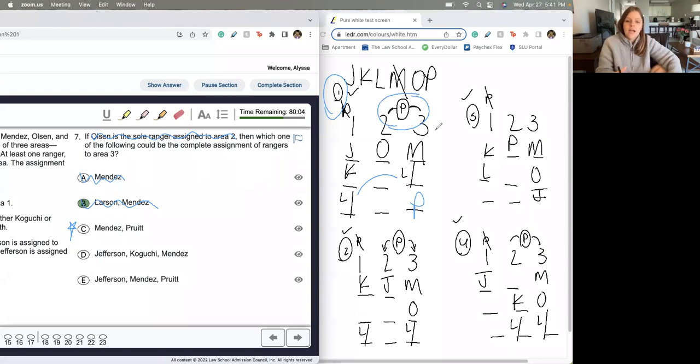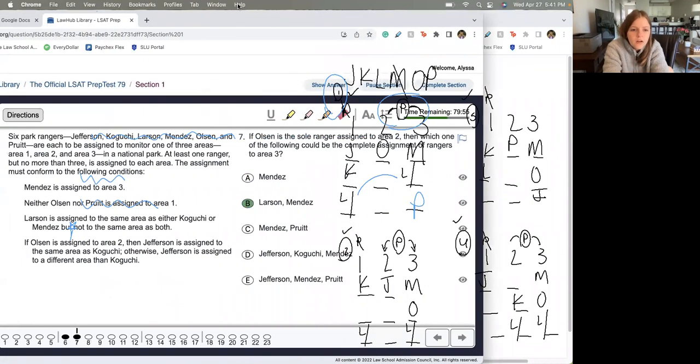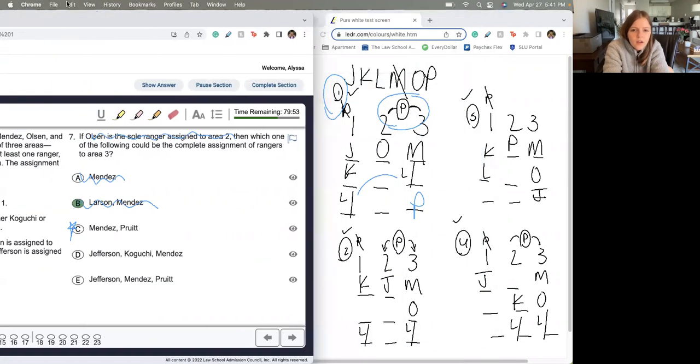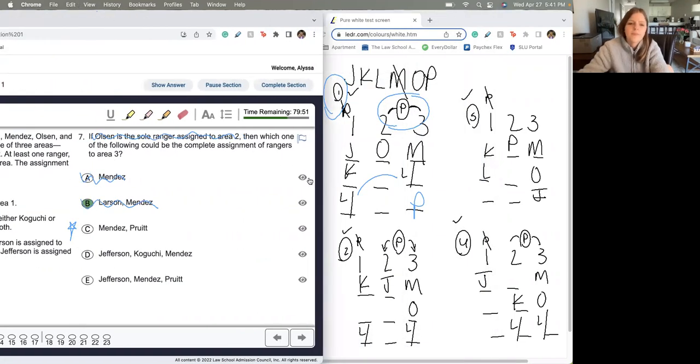The only thing that it can't go into is that second spot. So L cannot go into that second spot. It can only move between 1 and 3. So that's what the L slash signifies: I can have L in 1 or I can have L in 3. I can move it around.